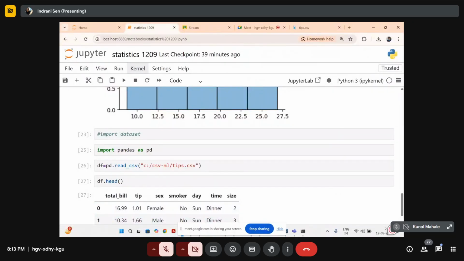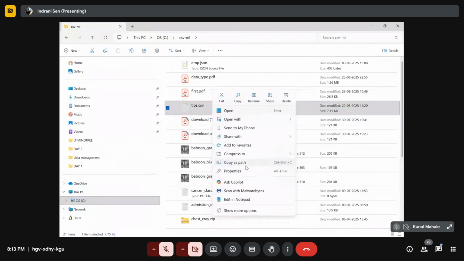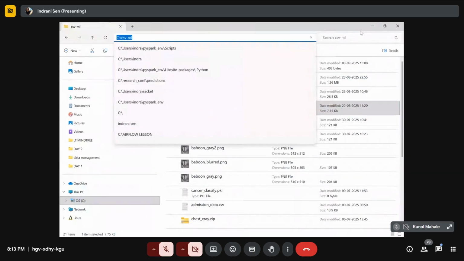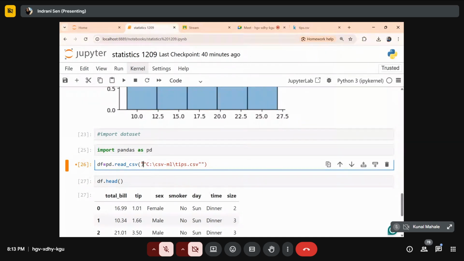After you download, wherever you're storing the file, like here I have stored in CSV, you have to copy the path of this, or copy the path from your address bar, and write the path here. But it is a Windows path, it will have backslashes. You have to write the path with the front slash because otherwise it will give you an error.